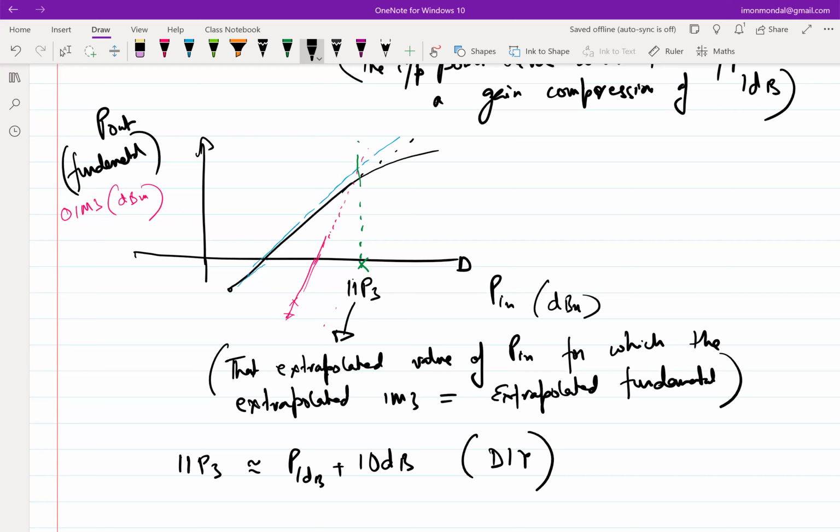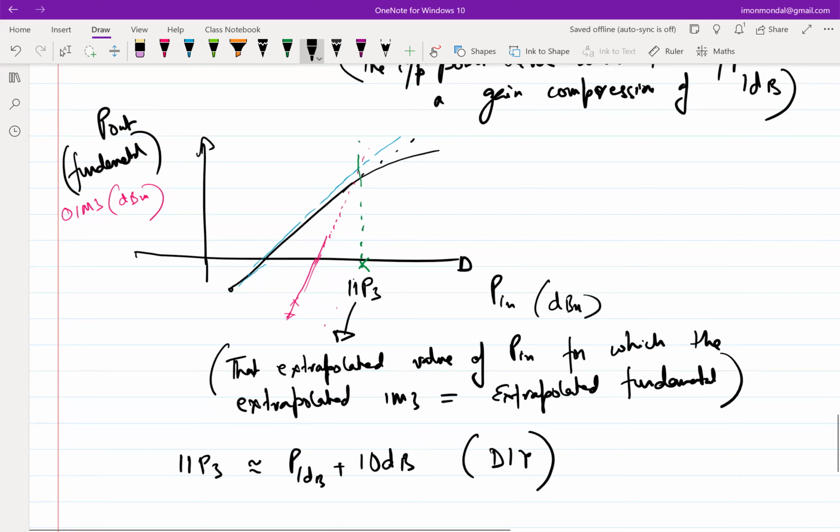Okay. Yes. What can happen? Okay, good question. His question is, I said that it's an extrapolated line. The red line is an extrapolated line. But what can happen if I do not extrapolate and I let it go in an actual scenario?